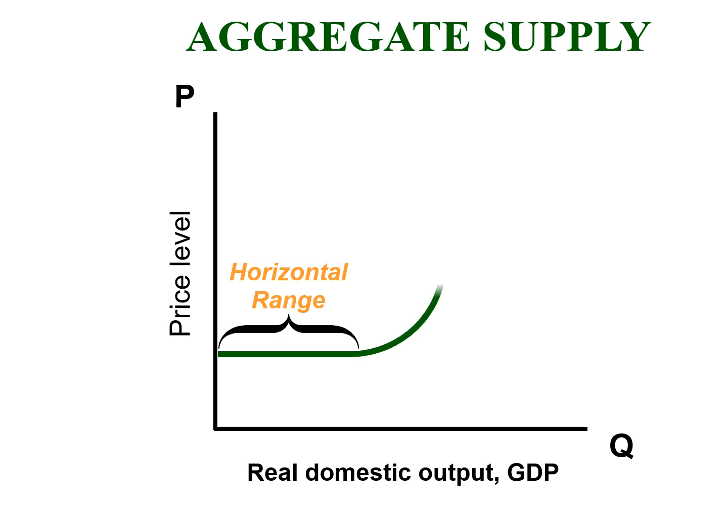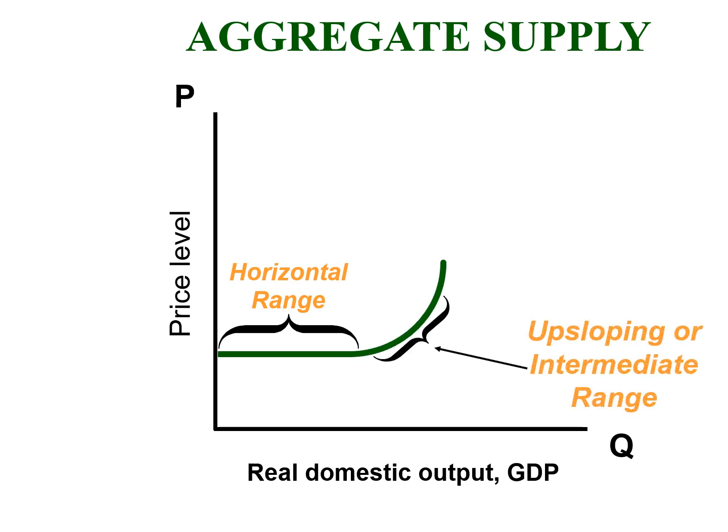But eventually producers get encouraged to produce more, the upward sloping intermediate range. Right? And this is where we typically operate, somewhere in this range. So notice what happens throughout the intermediate upward sloping range. First, it's curved, which means that as economic activity picks up, so does the price level.